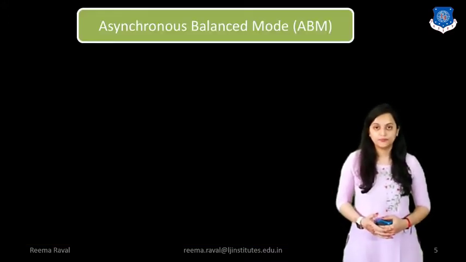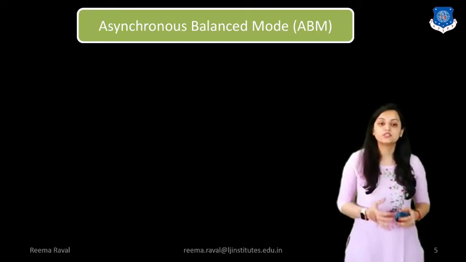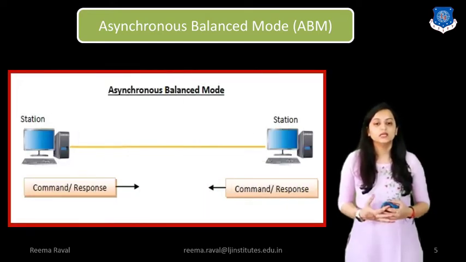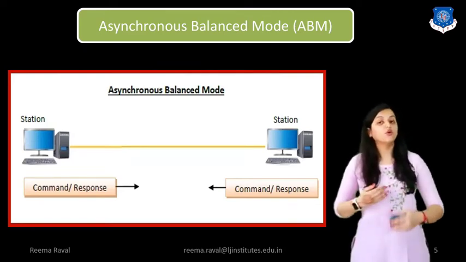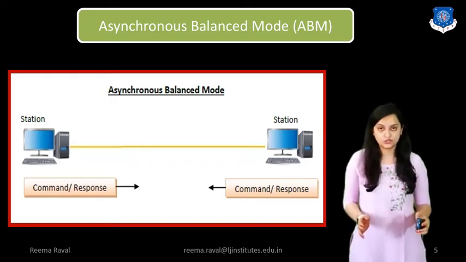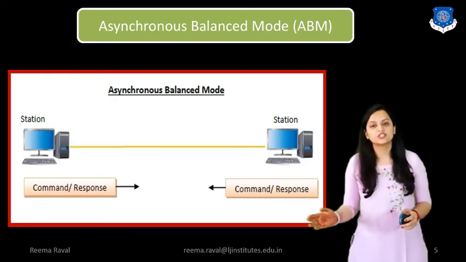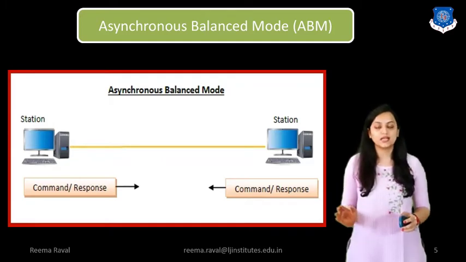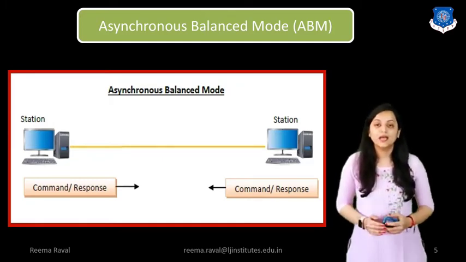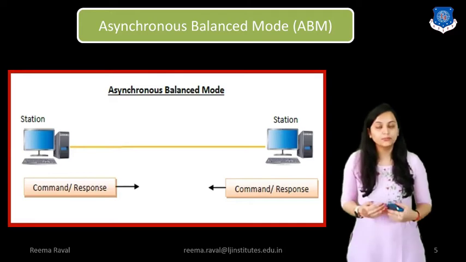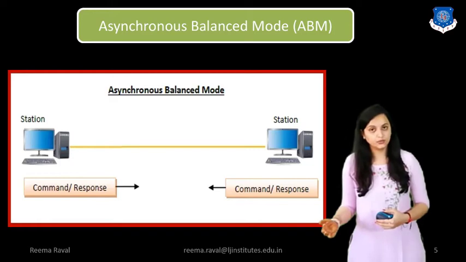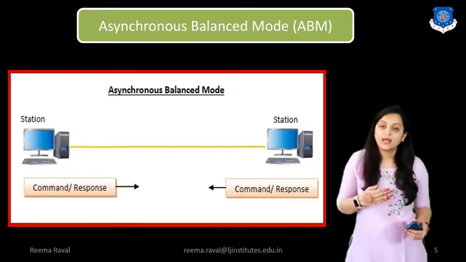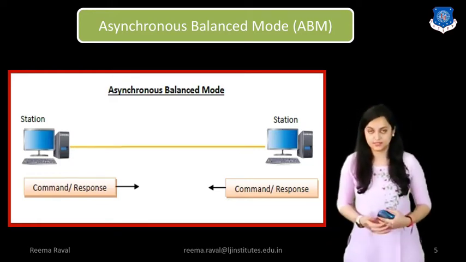Now, let us see the next one, that is ABM, asynchronous balanced mode. As you can see, in this mode, command and response can both be given by the primary and the secondary station as well. That means here no station is permanently called a primary station or a secondary station. The stations involved in a particular network can both give commands to other stations, as well as give responses to the commands received.